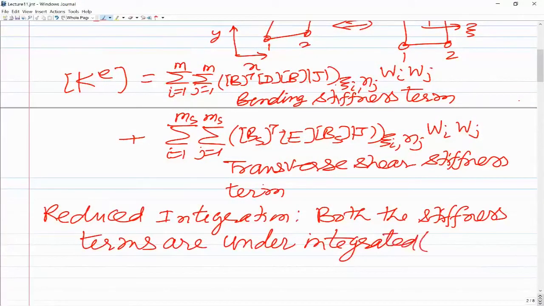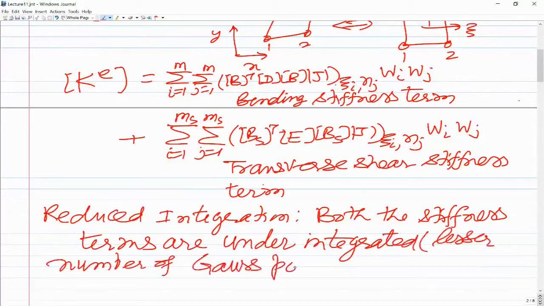Under integration means a lesser number of Gauss points are used than needed for the exact integration.